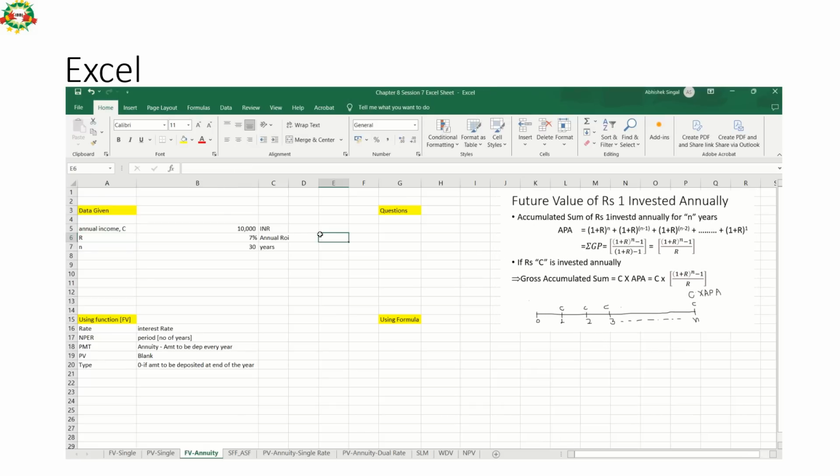Now we have to calculate the future value of annuity. I presume that you know what an annuity is. Annuity is like 10,000 rupees every year for the next 30 years.